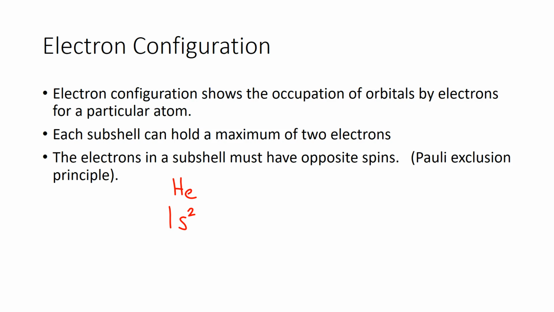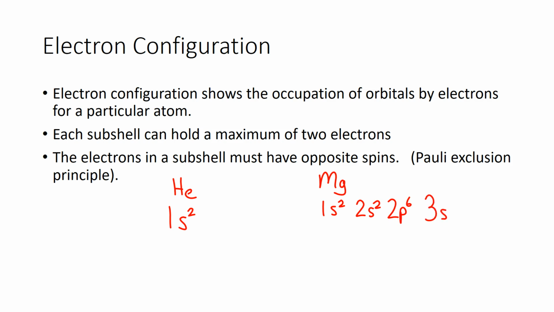Now let's do a little bit different. Let's look at magnesium. What period is magnesium on? It's on the 3rd period. So that means I had to have filled all of the 1st period, all of the 2nd period, and then I'm starting into the 3rd period, so I have 3s.